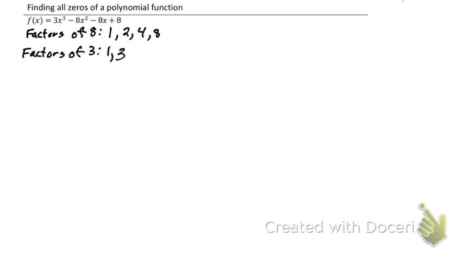When we're doing this, you're going to be very happy when you have ones that are just 2 things. Because we now have to write fractions for all of these. What I mean by that is I'm going to do 1 over 1, 1 over 3. 2 over 1, 2 over 3. But there are going to be repeat ones. So let's go ahead and make that list. Let's start with our 1. So we have 1 over 1, which is just going to be 1. Then I'll do 1 over 3.